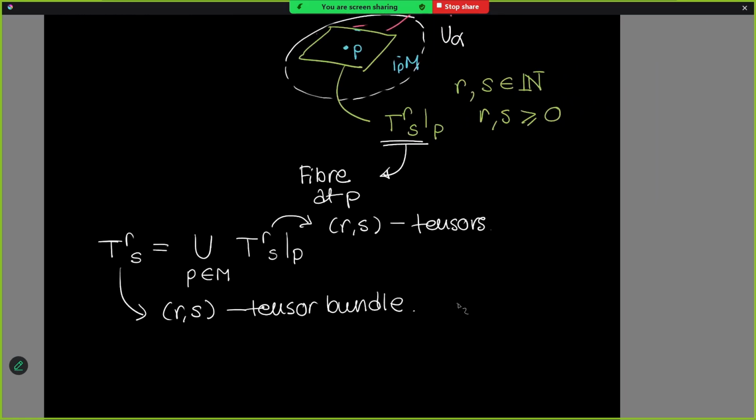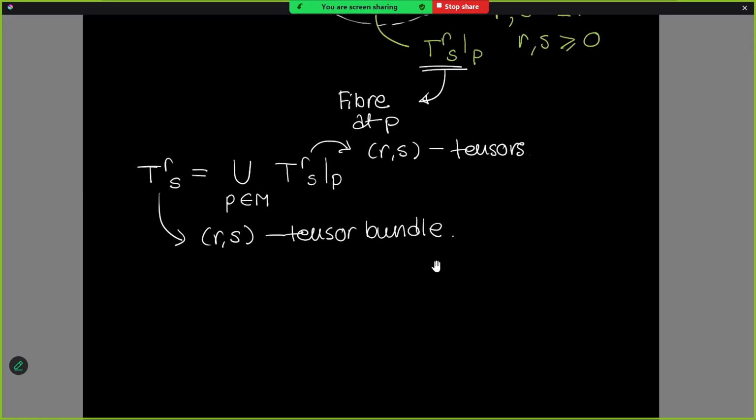And that's how we're going to define the tangent and cotangent bundles.